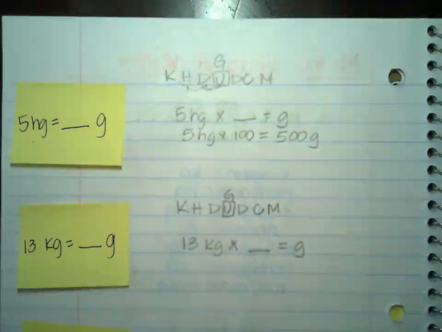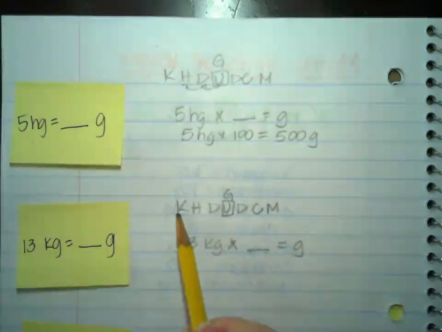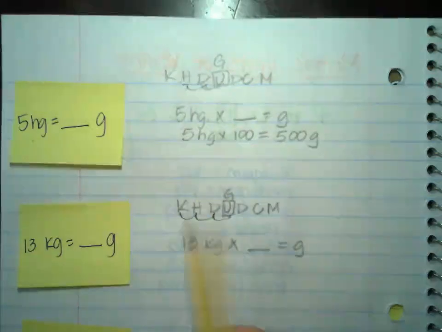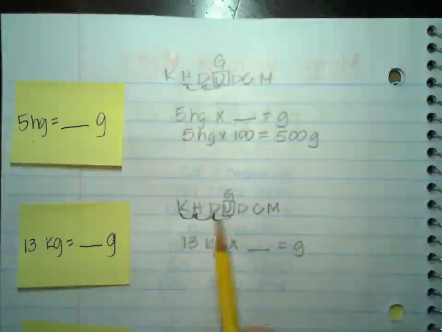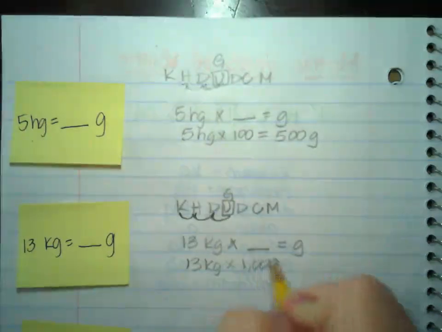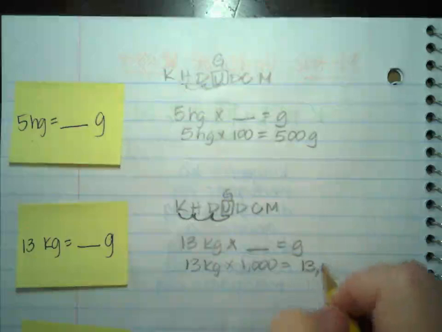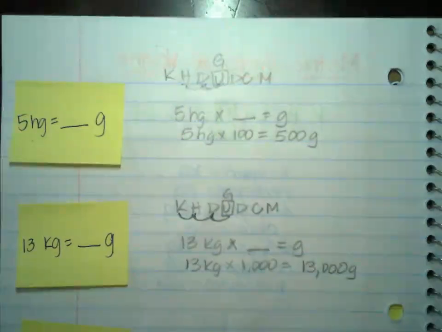Where do you start on your acronym? kg stands for kilograms, so you're going to start with kilograms, and you're moving to grams. So you're going to move 1, 2, 3 times. That's 10, 100, 1,000. And then you do your multiplication. 13 times 1,000 is 13,000 grams. All right, make sure you check your work, make any corrections that you need to make.